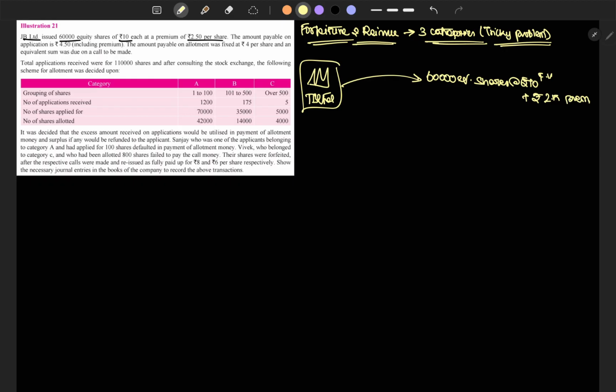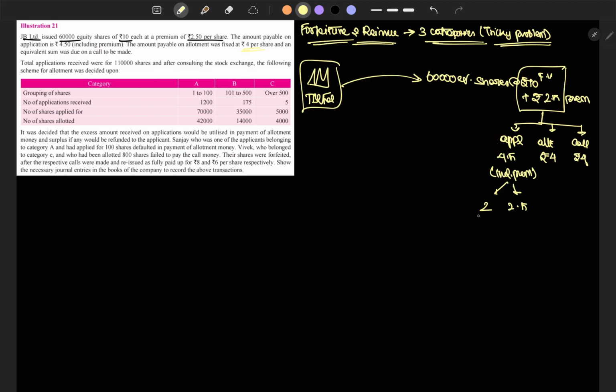The amount payable on application is 4.5 including premium, on allotment rupees 4, and an equivalent sum also for call, which is also rupees 4, which is 2 face value, 2.5 is premium.